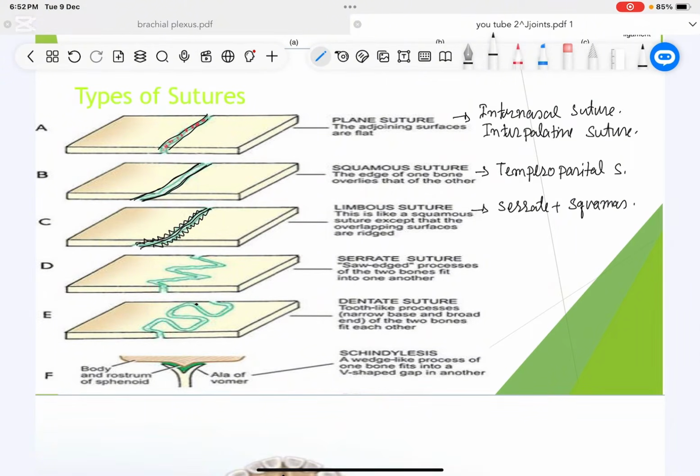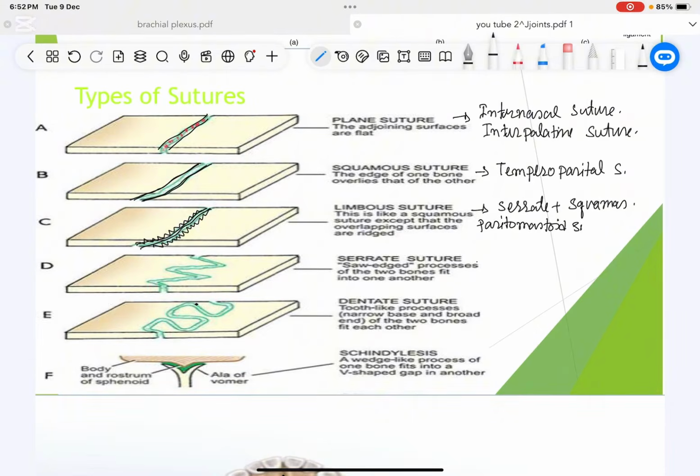What is an example of a limbus suture? Parieto-mastoid suture. You can say occipitomastoid suture is also an example of a limbus suture.